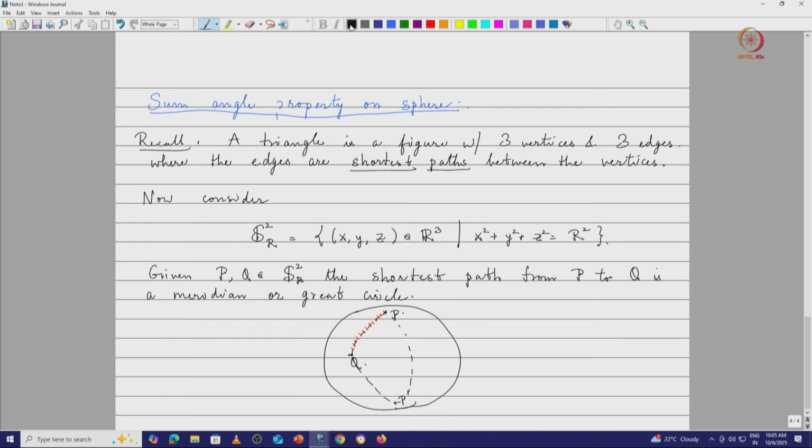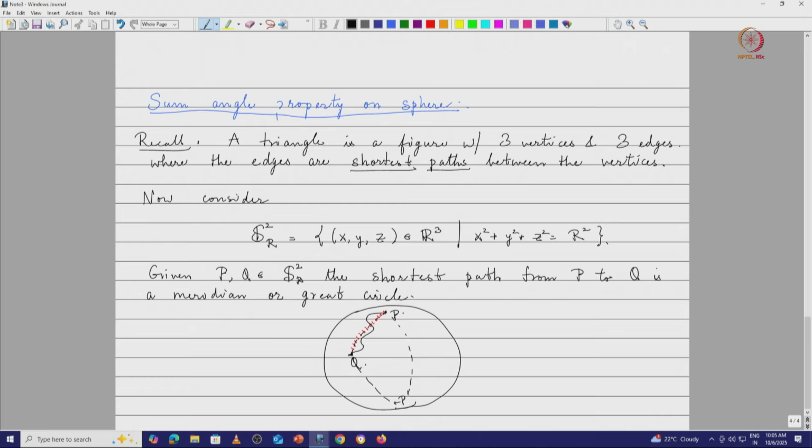It's actually not very difficult to show from basic calculus that if you take any other path connecting P and Q, that's actually going to be a longer path.